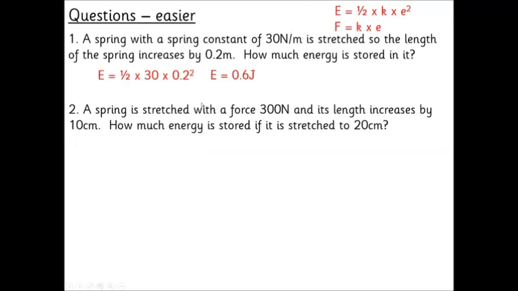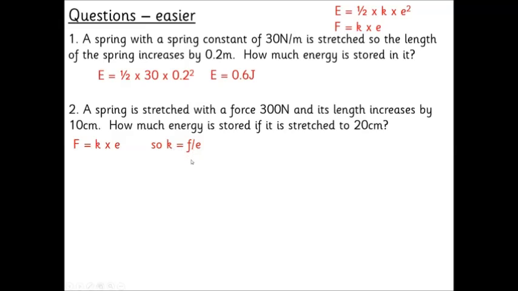It's just the extension squared. Okay, another one. A spring is stretched with a force of 300 newtons and its length increases by 10 centimeters. How much energy is stored if it is stretched to 20 centimeters? The first thing we've got to do here is, we don't know the spring constant, so let's work it out. Using our formula from last lesson, F equals k times e, force equals spring constant times the extension.